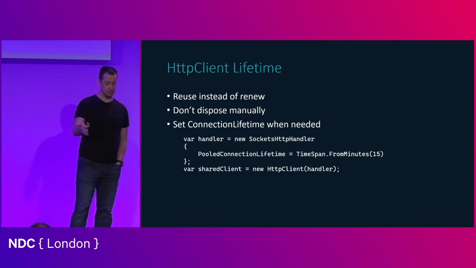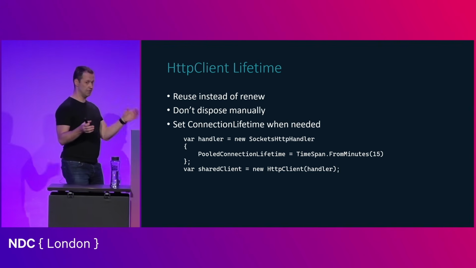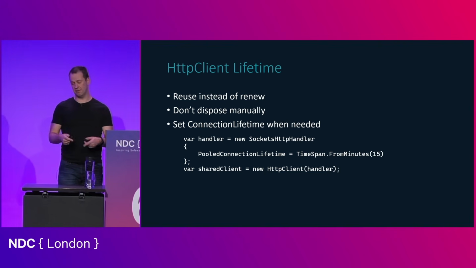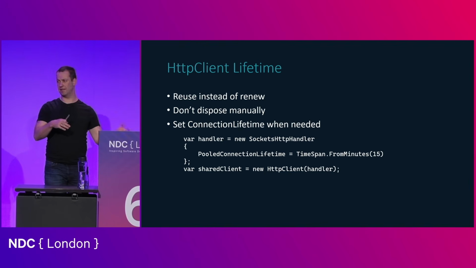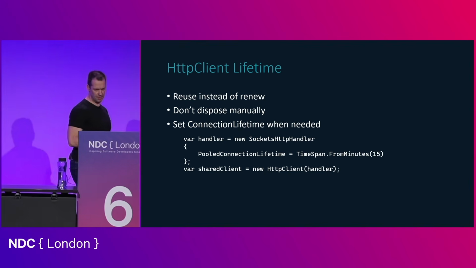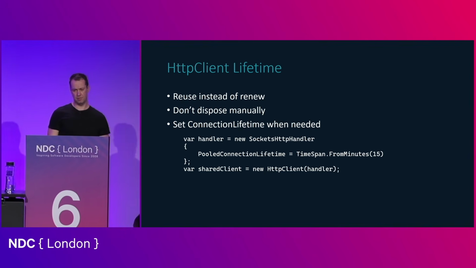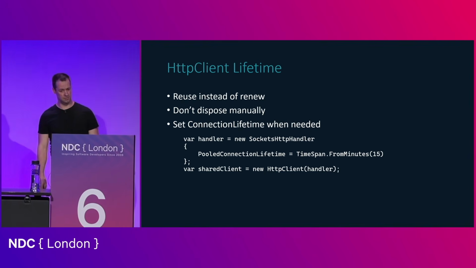So if you don't set the connection timeout for the pooled connection, those updates won't make it in. But if you set a timeout, then those connections will be reset, they will be rebuilt, and your new DNS entries will come in. Also something to keep in mind. Might not happen that often, but if you run into it, it's one of those things that you can spend a long time searching for.